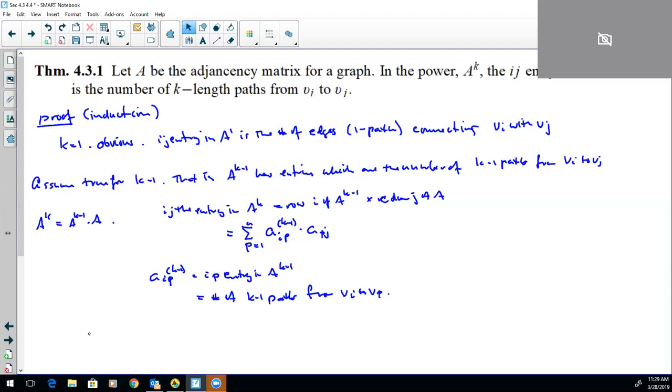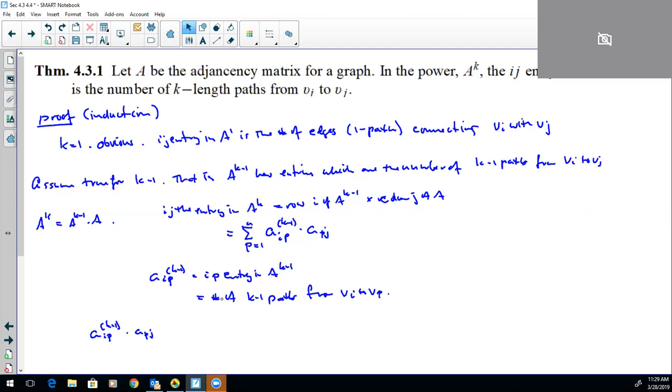Okay, so we're taking this times a sub pj. Now, a sub ip is the entry in the k minus 1 power.